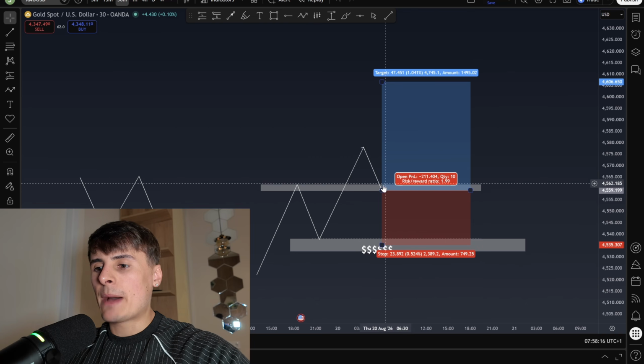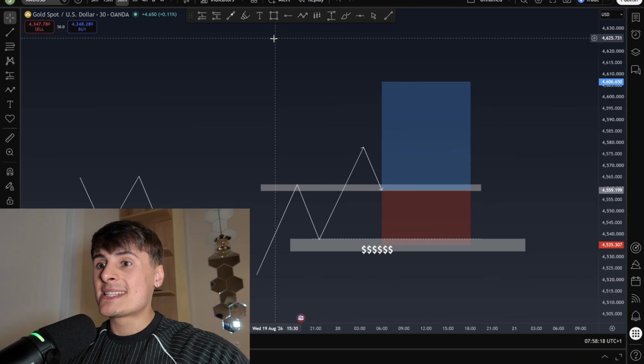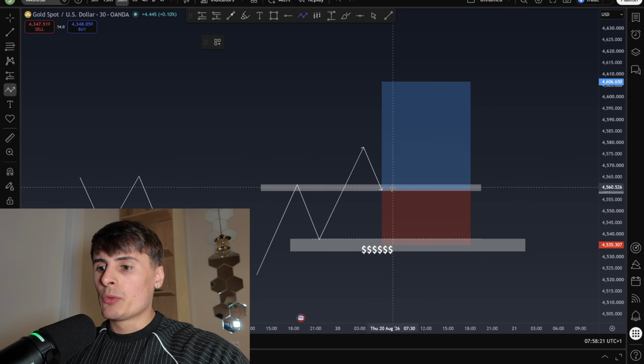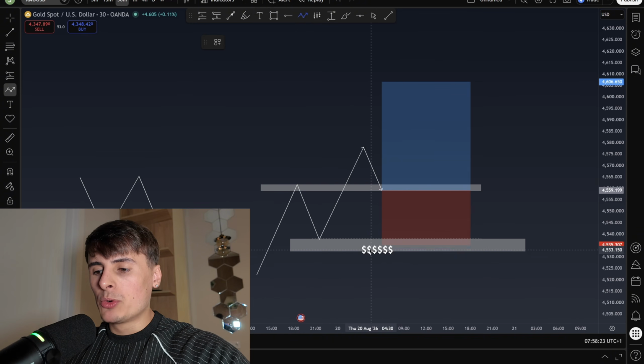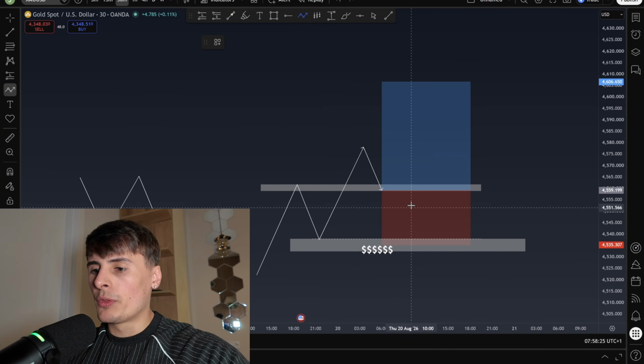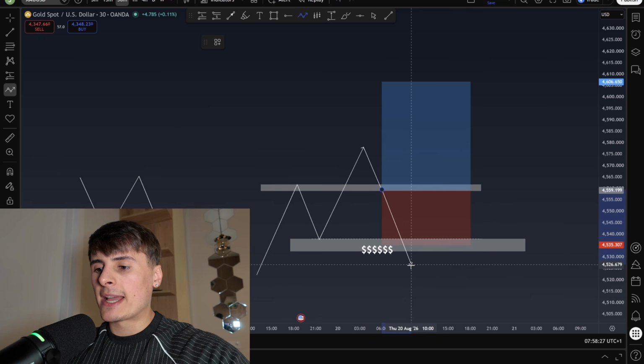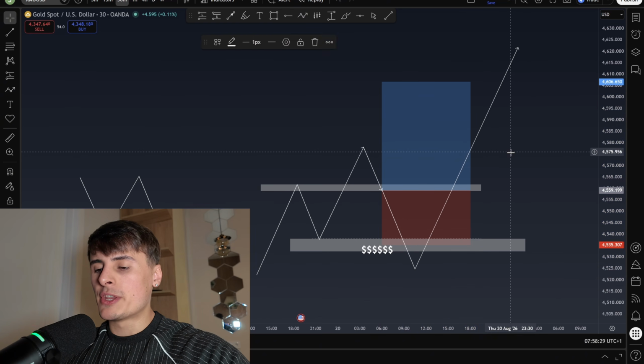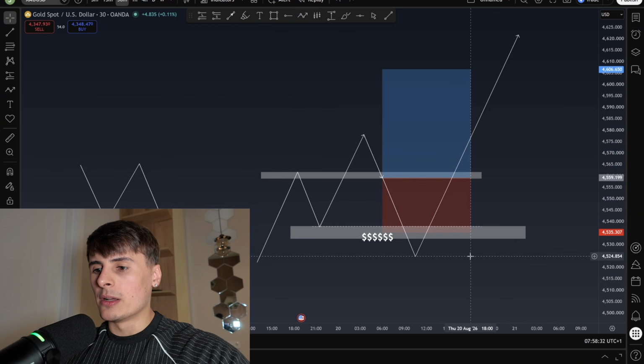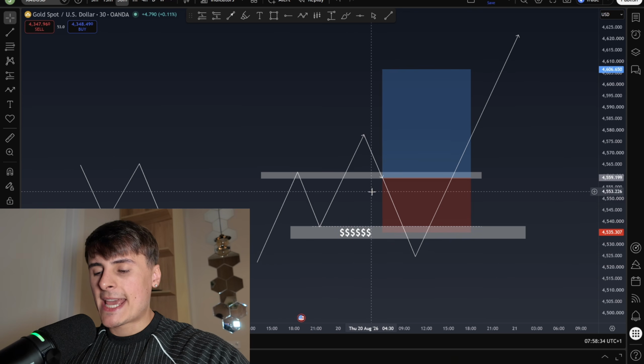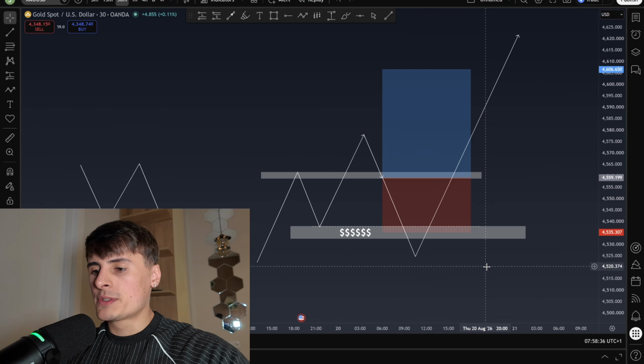Because what will tend to happen in this example, or in basically every example, retail traders will buy. That'll just build liquidity below the level and below these lows. And what will happen is they'll get taken out before the real move to the upside. And look what price is doing here. Price is just coming down, taking that money before the real move to the upside.